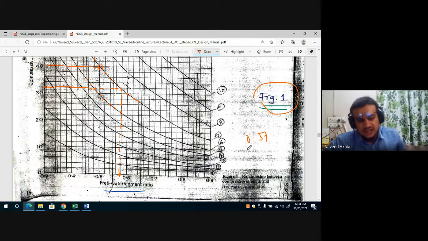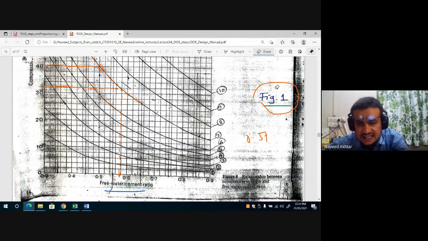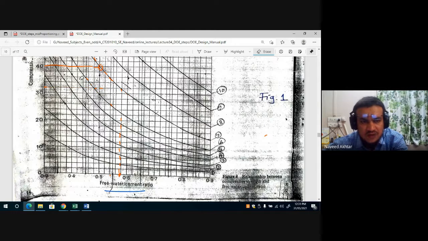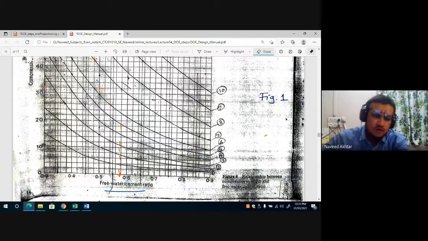So from this graph and using table number 2, you can easily find out the free water to cement ratio for your target mean strength.